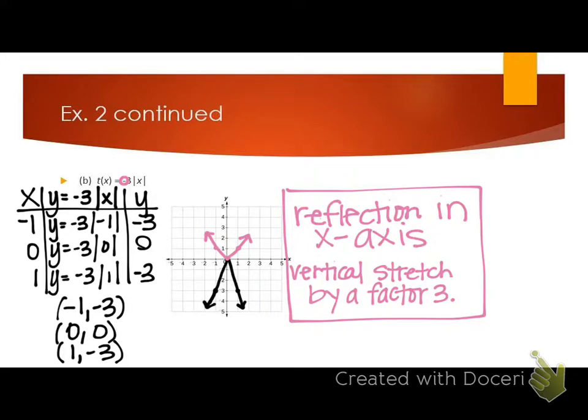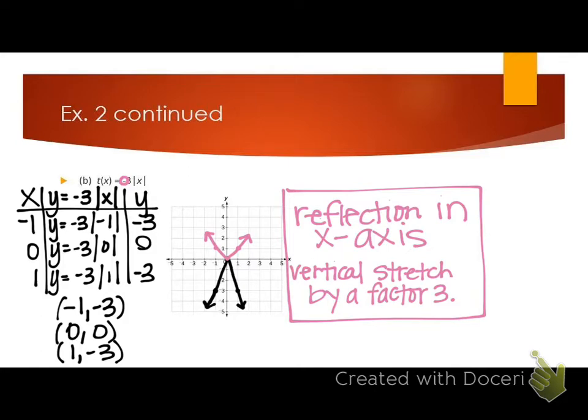No. They stayed outside, which means they changed the y value, which means they reflected over the x-axis. So they did 2 things. They did a reflection in the x-axis and a vertical stretch by a factor of 3. All right? Any questions? Good.